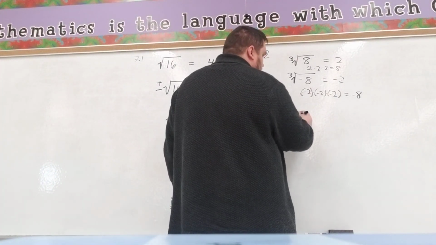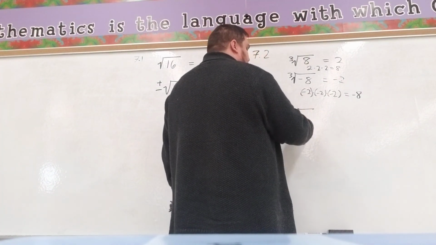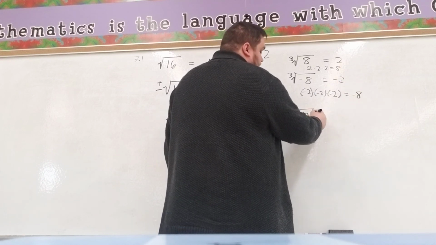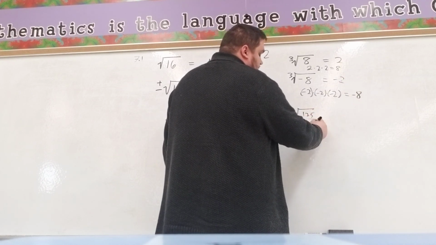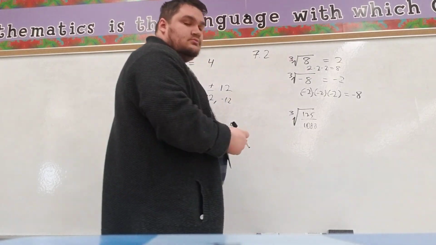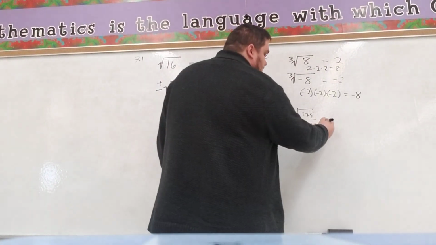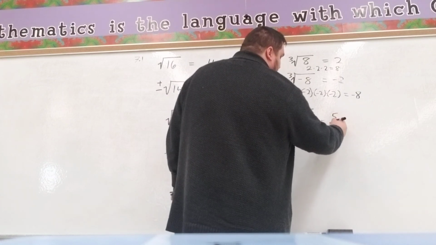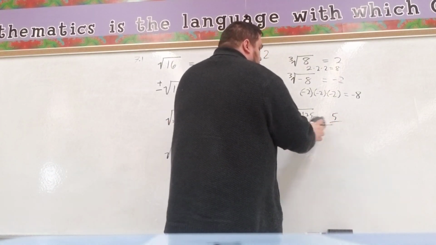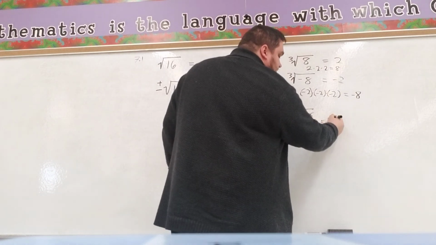So the cube root of 125 over 1,000. You can try that on your own if you would like, or that would equal 5 over, well, split this up first.